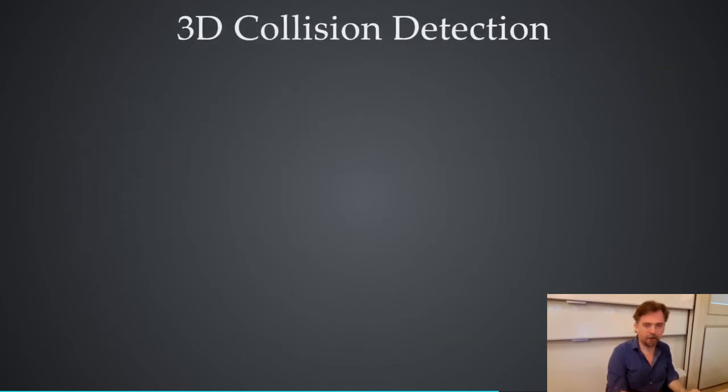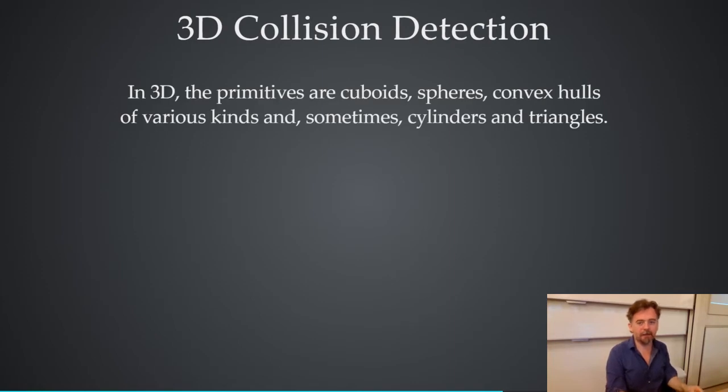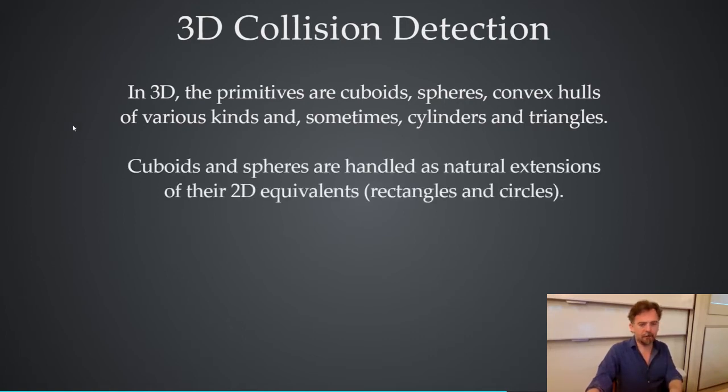All right. So let's think back to 3D. The 3D equivalent of our basic primitives are cuboids and spheres, and also convex hulls, which I'll talk about in a bit, and maybe cylinders and things. So cuboids and spheres, they're a lot like the 2D.